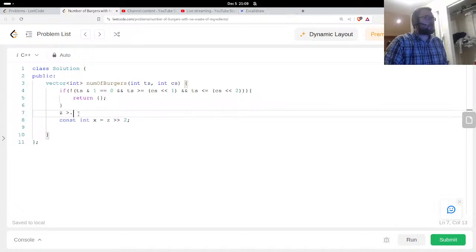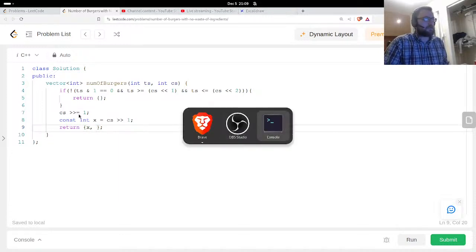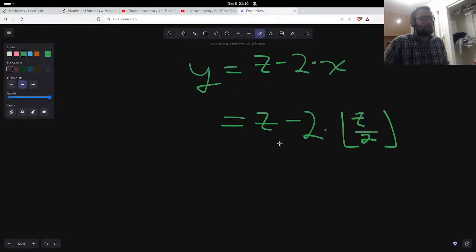Z bit shift equals, which is CS. Bit shift again is X, and then return X, and what did I say it was? Z minus 2 times Z over 2.